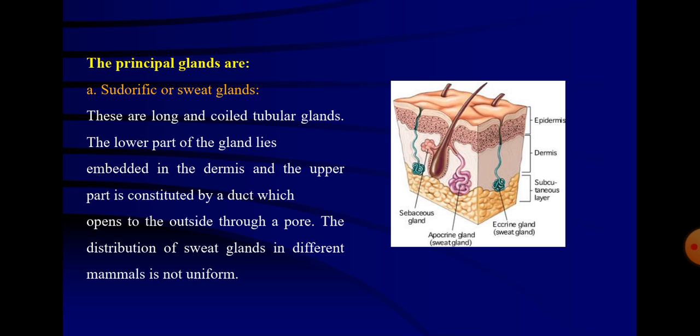Similarly, to keep our body cool or warm, sweat glands play a very important role. And they secrete a water-like substance, and they are actually excreting the toxics, and it is good for health that the toxics are removed through these sweat glands.